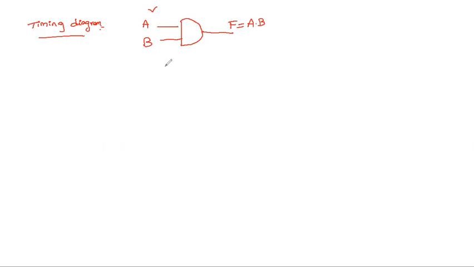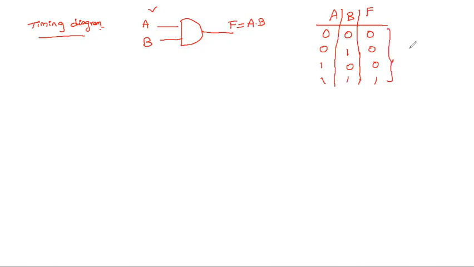Before that, I am writing the truth table of the AND gate. 0 0 means 0. 0 1 means 0. 1 0 means 0. 1 1 means 1. Right? This is the truth table.